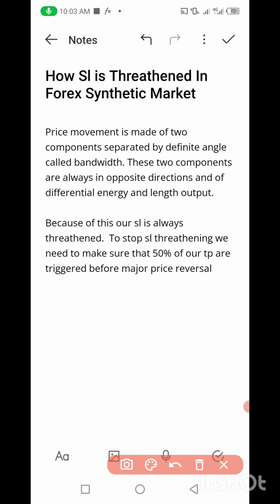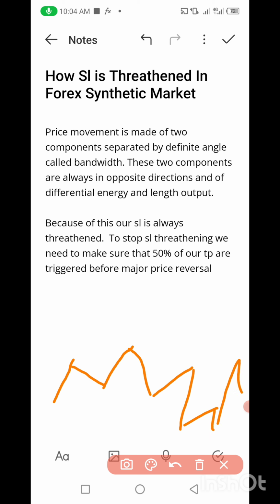Okay, it will have up, down, up, down, up, down, up, down, up, down. Now, let's say you put a buy position here, okay, this is your take profit. For you to be a profitable trader, your take profit should be here.